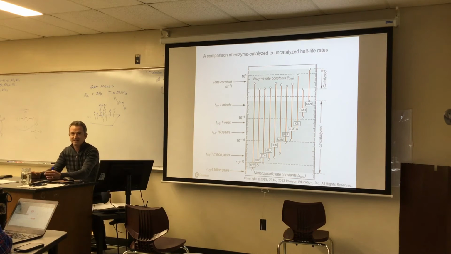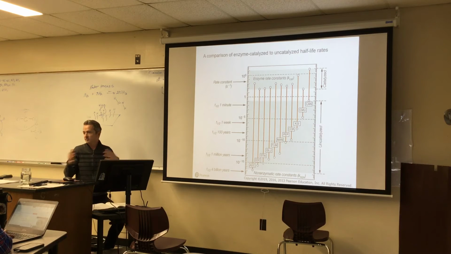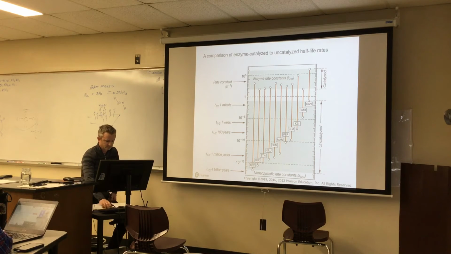It was really interesting to see his perspective on how far we've come in developing catalysts for chemical reactions. Clearly, we wouldn't be able to survive if we had to wait that long for things to happen in our bodies.